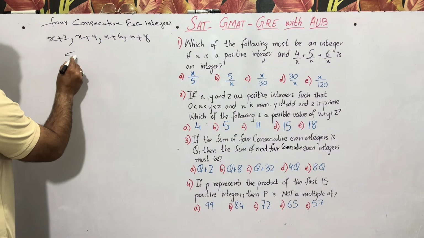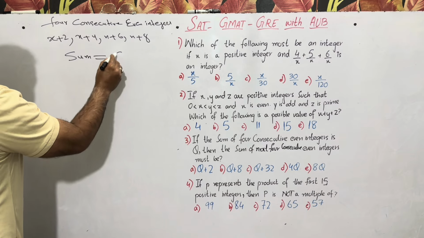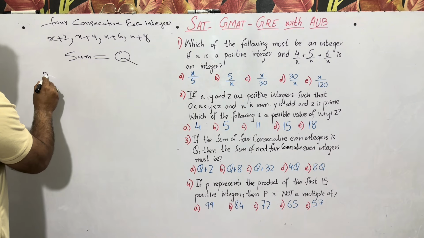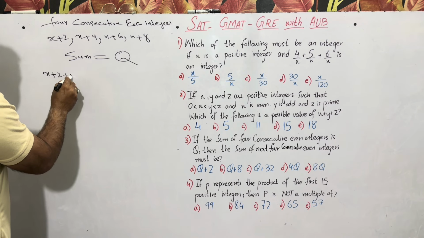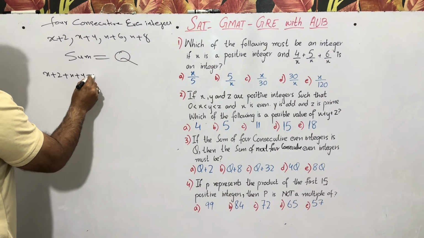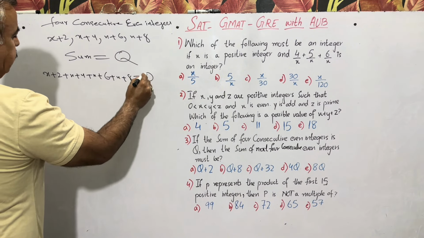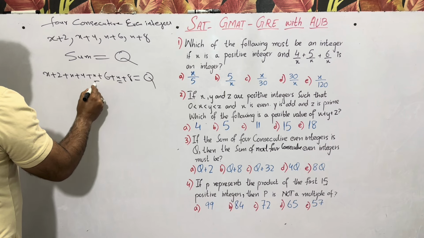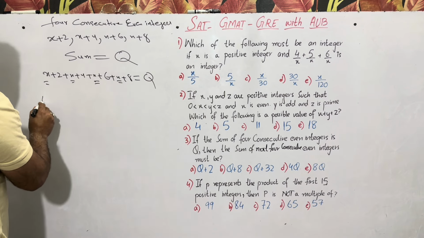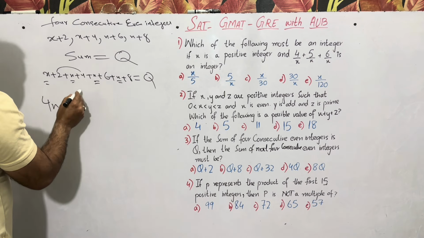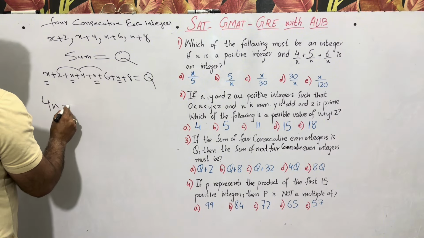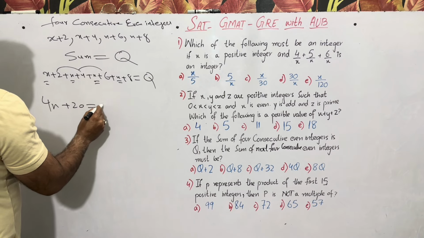Add them up: x plus 2, x plus 4, x plus 6 and x plus 8 is equal to q. x plus x plus x plus x is 4x, and 2 and 4 is 6, 6 and 6 is 12, 12 and 8 is 20. It will become 4x plus 20 is equal to q.